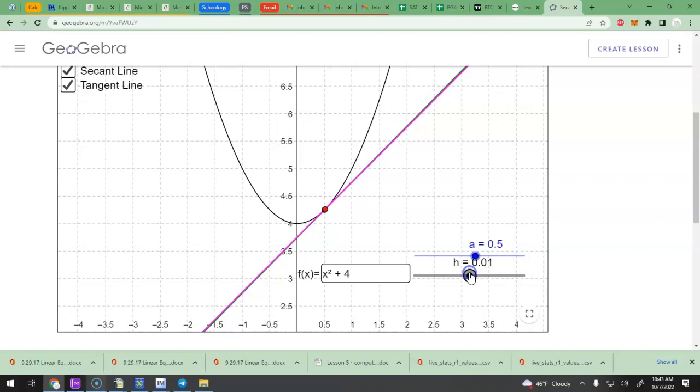The points never actually touch. You can see they're still 0.01 apart, but they're so close that they might as well be touching. Would you say that's a fair representation of the instantaneous velocity? Even though it's not technically instant because we're 0.01 or 0.0001 apart, we can say it's basically the instantaneous velocity.